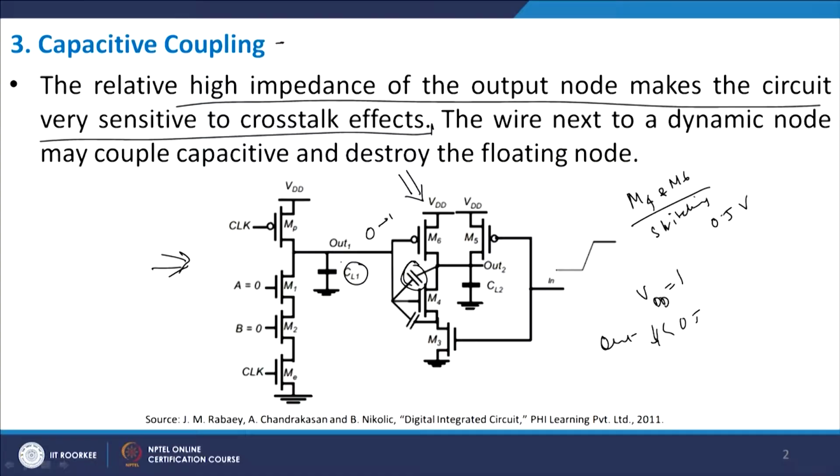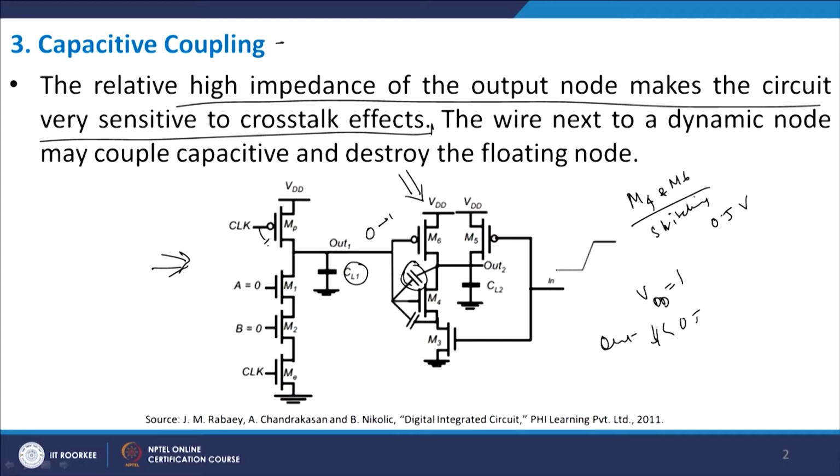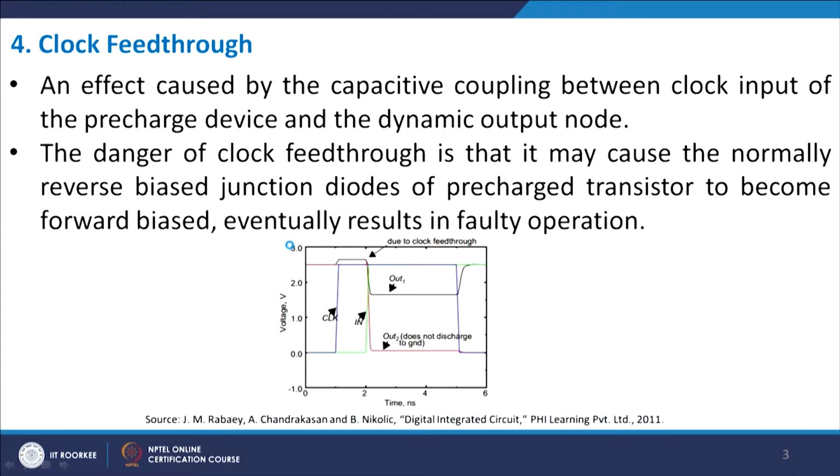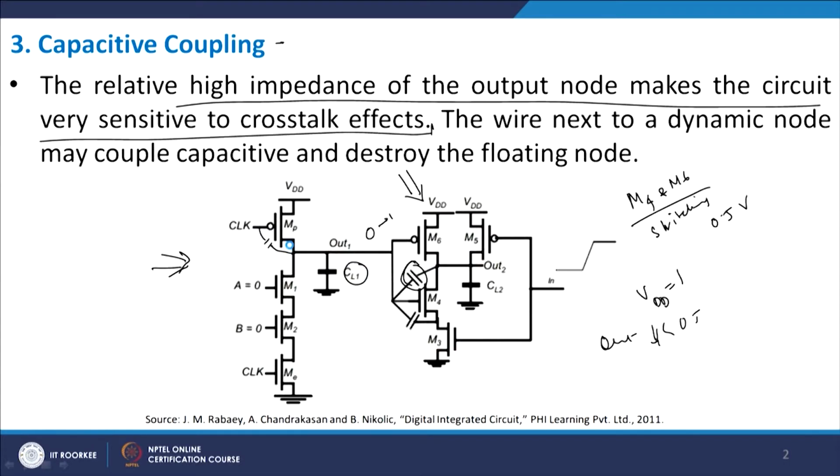If there is capacitive loading between the clock at the pre-charge PMOS and the output, which I will discuss in the next turn when we do clock feed through, then the clock has to drive a heavy load, and the clock power becomes very large.